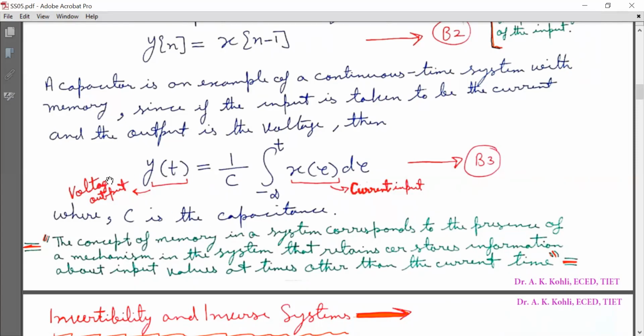So the voltage across the capacitor is the output, which depends upon the current input x(τ). This is a well-known relation, and this is an example of a continuous time system with memory.